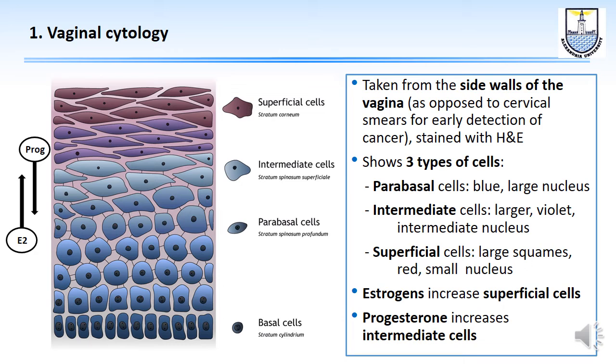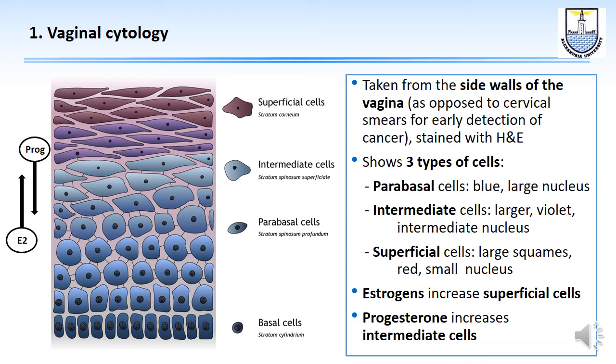This is the wall of the vagina. As you can see, at the very bottom you have the basal cells. And these cells never separate from the epithelium, because above them you have the parabasal cells, then the intermediate cells, then the superficial cells or the squames, seen sideways as you can see, but also seen from above.